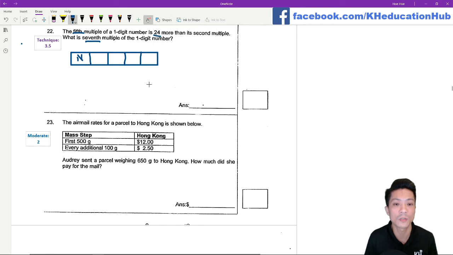Now I'm gonna draw another similar model below. It's about 2 blocks. Okay, so the 24 would be here.